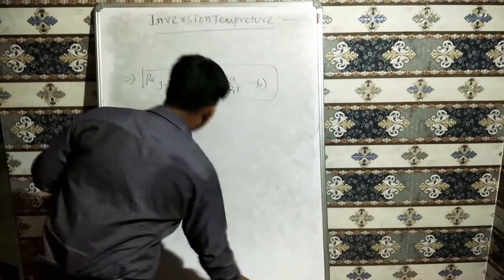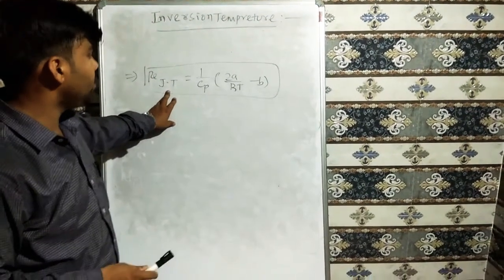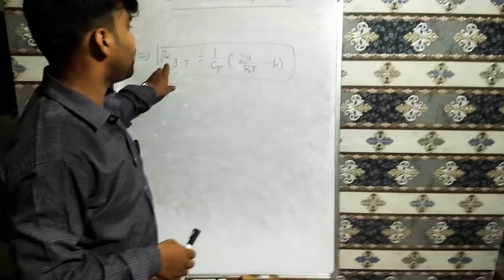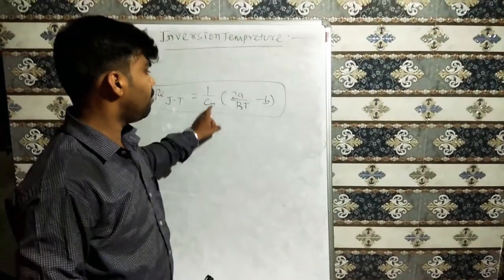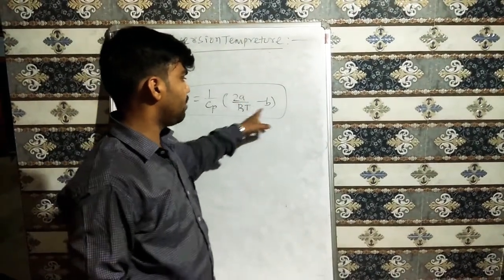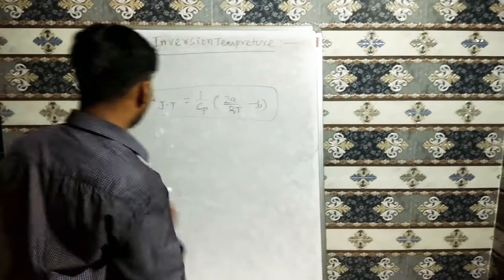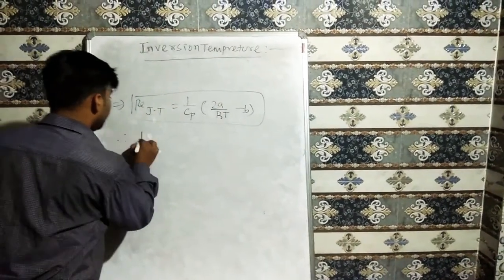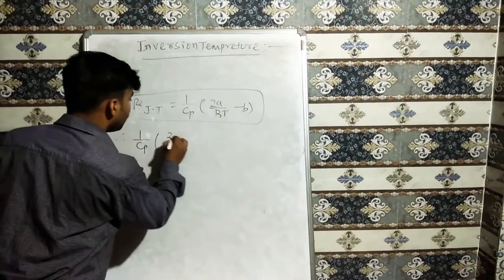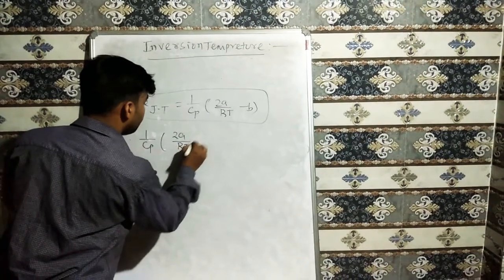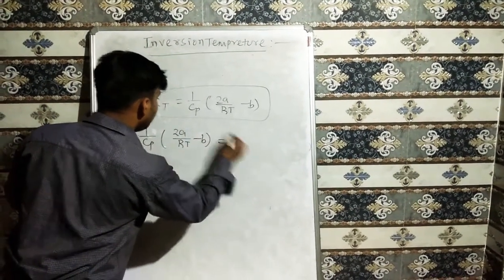That means, I have already written the Joule-Thomson coefficient for a real gas has the value 1 by Cp whole into (2a/RT − b). So 1 by Cp whole into (2a/RT − b) is equal to 0.